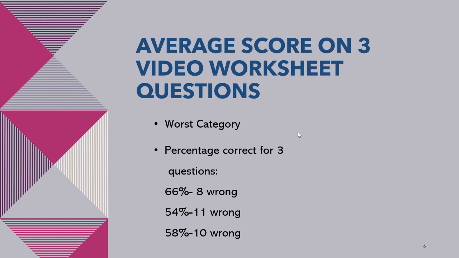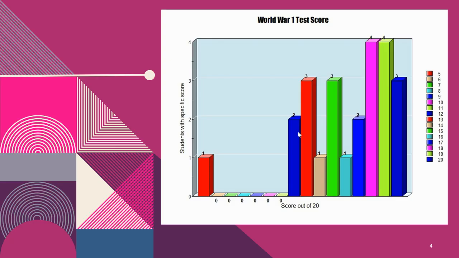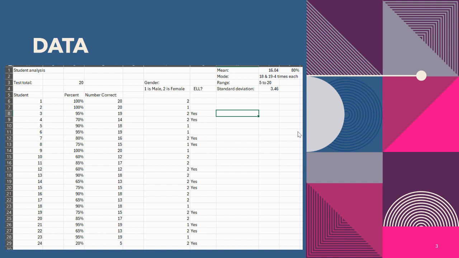I was going to look at this for gender as well and present the information like this. But again, this class is not proportional when it comes to gender. There are 16 female students and 8 male students. So with that big of a difference, it felt like the numbers would get a little weird. And again, you had the outlier there, which would kind of skew results a little bit.